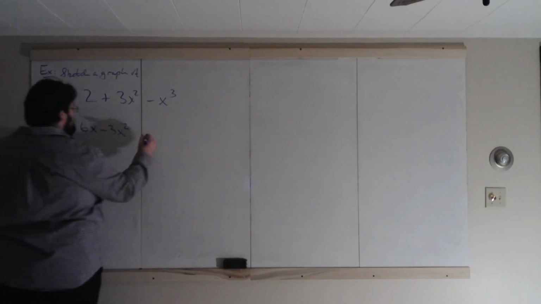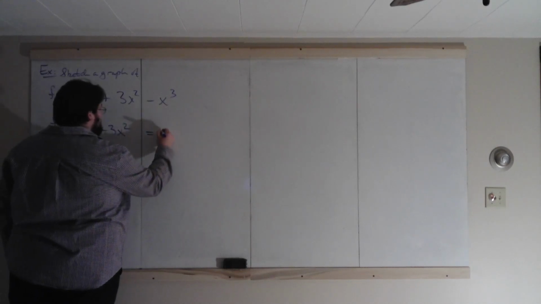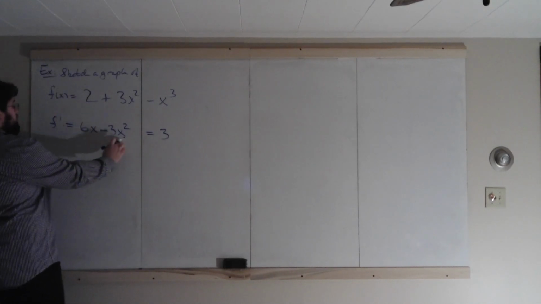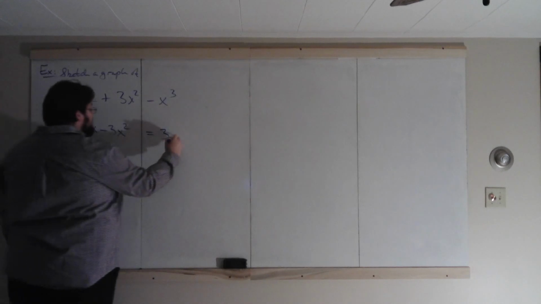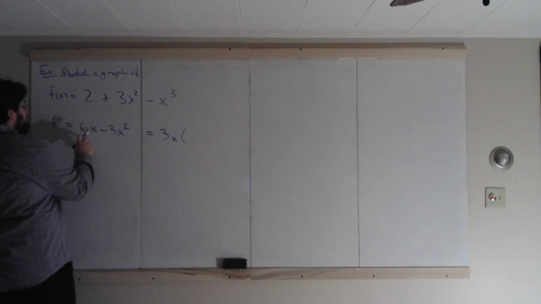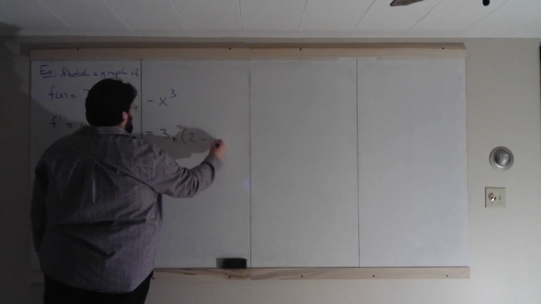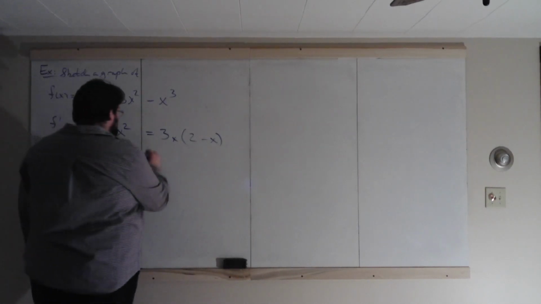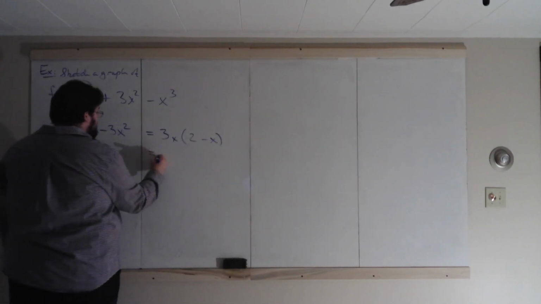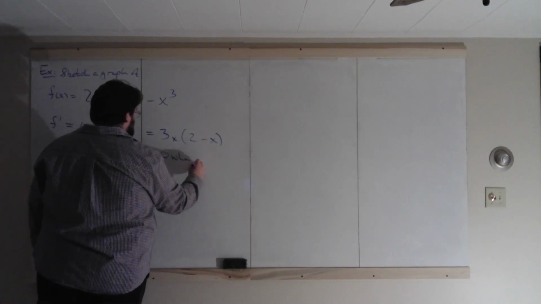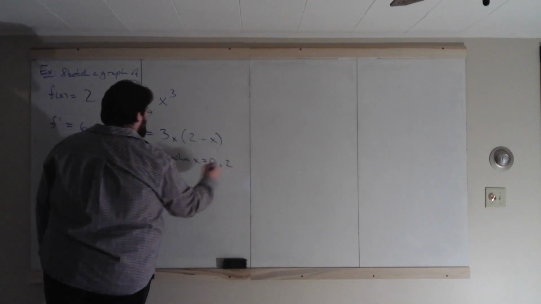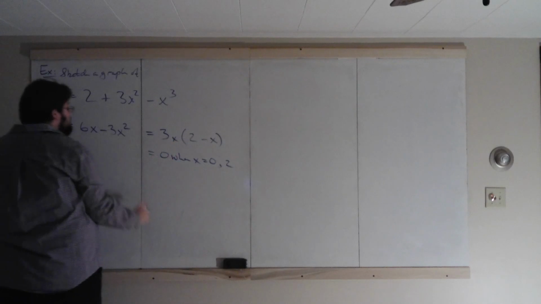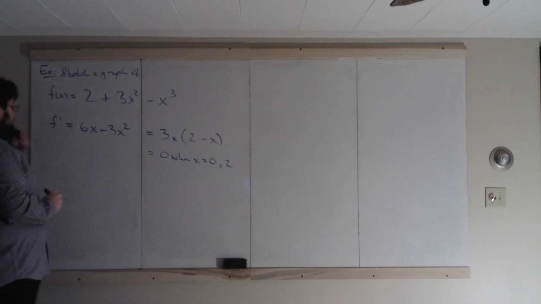Well, let's factor this. How does this factor? You can pull out a 3. Both of them have a 3. You can pull out an x. Both of them have an x. And you're left with what? 2 and negative x? Yes. And this equals 0 when x equals 0 or when x equals 2.